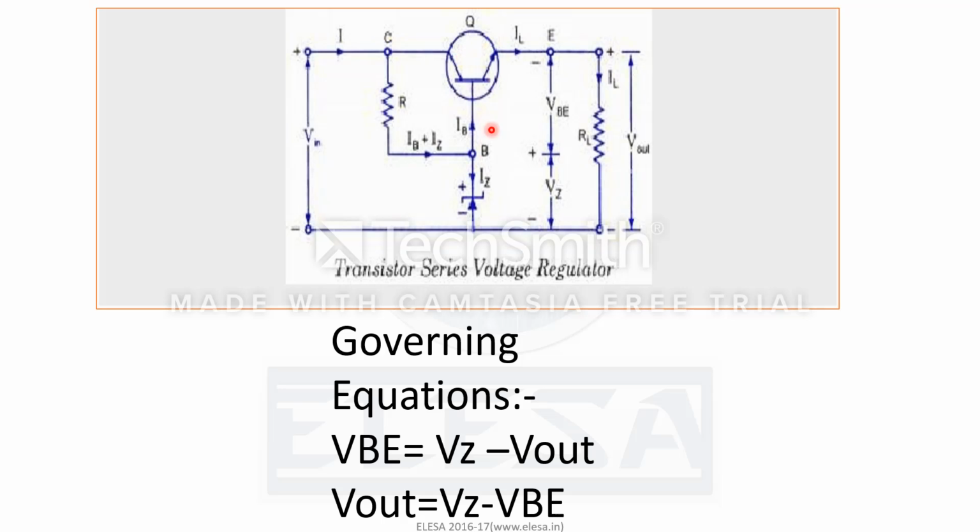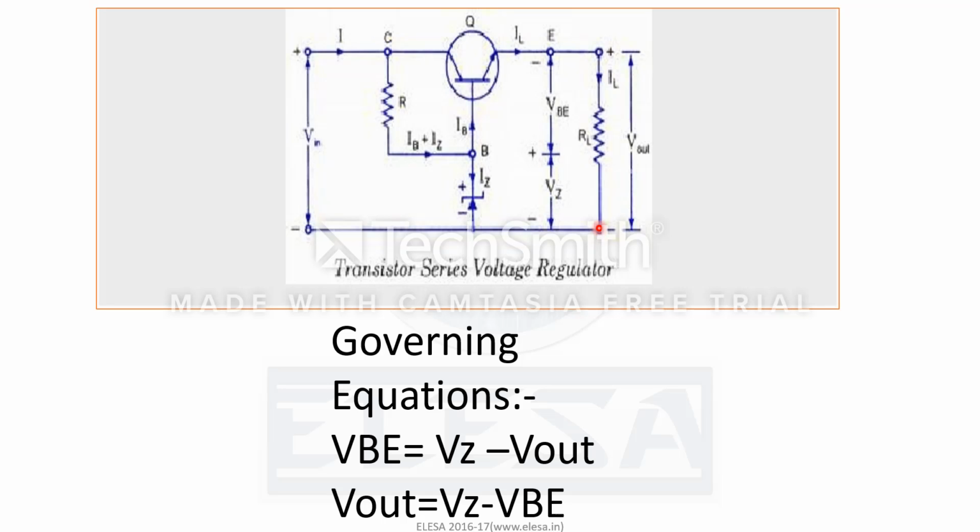The decrease in collector emitter resistance of the transistor will cause a slight increase in input current to compensate the decrease in RL. Thus, output voltage being equal to IL into RL remains almost constant. Similar explanation will hold true for an increase in RL.